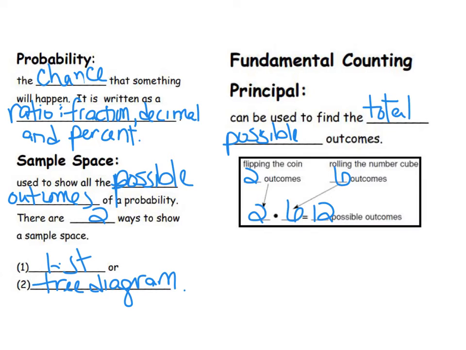Now, when I say sample spaces, basically all you're doing is figuring out how many outcomes you could get from doing an event or two events. Because if I just flip a coin, the possible outcomes is just 2, right? But if I flip a coin and roll a dice, then it's different. So I'm going to show you a video so you could watch that quickly, and you could see what I mean.